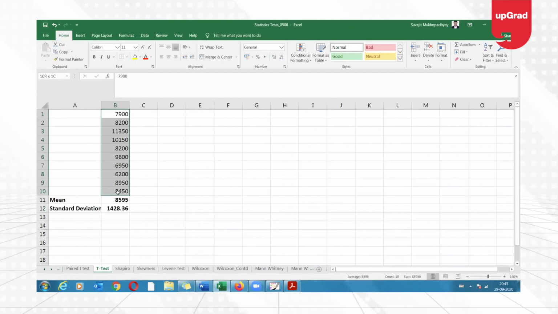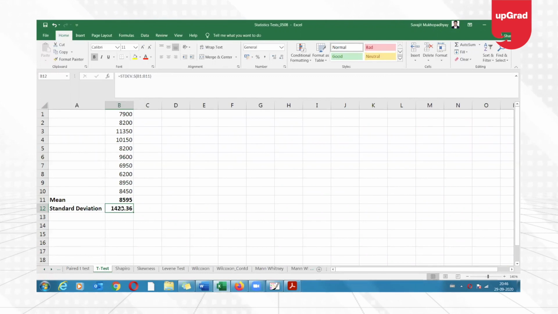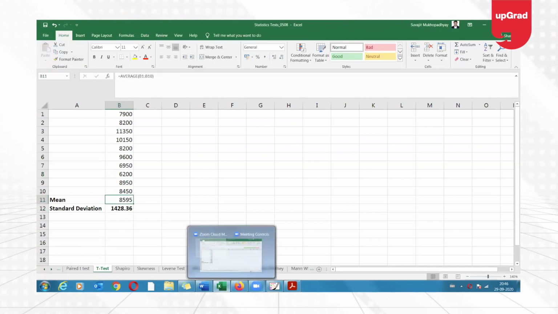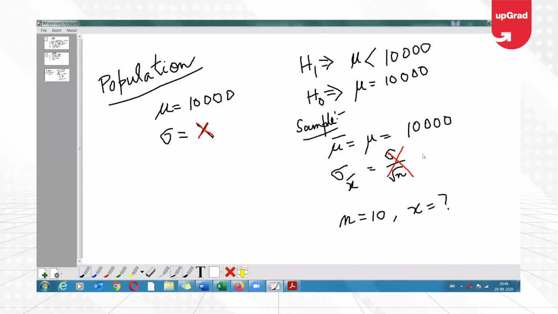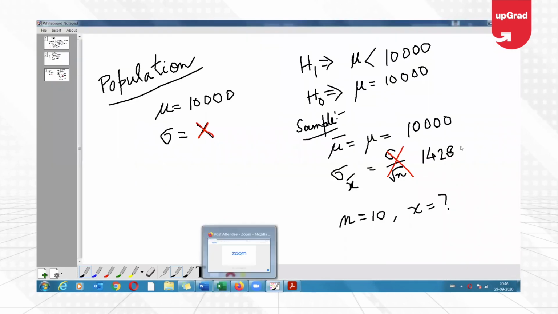All the numbers I have copy pasted, and then I am calculating the mean and the standard deviation. As you can see, the mean is 8595 and the standard deviation is 1428.36. So from the sample I can calculate the standard deviation. I do not need the population standard deviation. So it's possible for me to calculate the standard deviation. So my standard deviation is 1428.36.